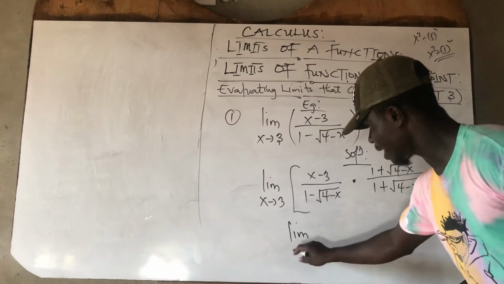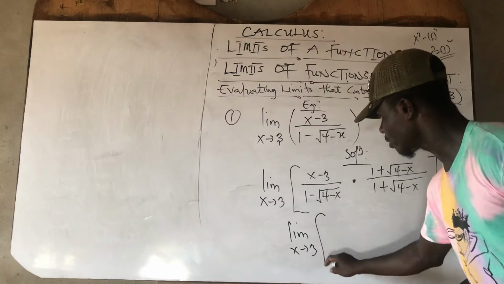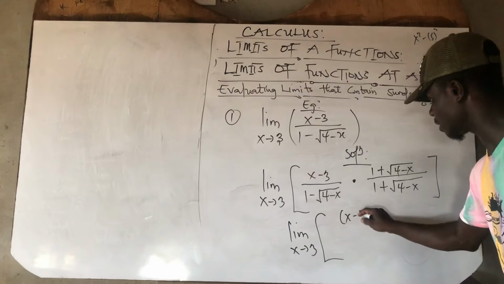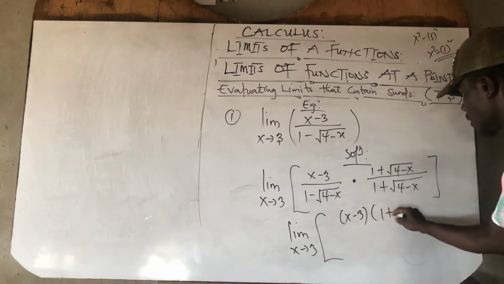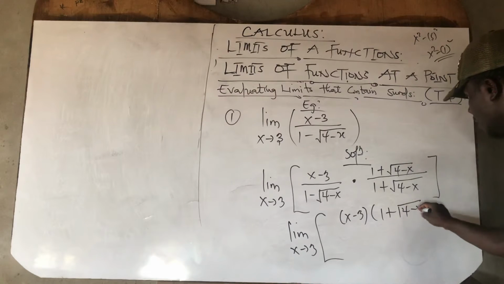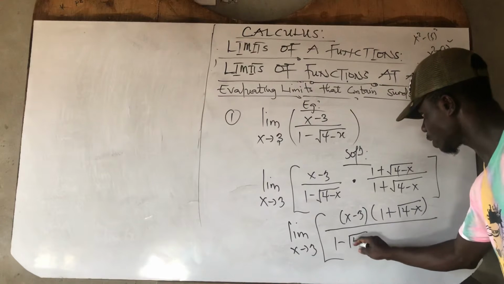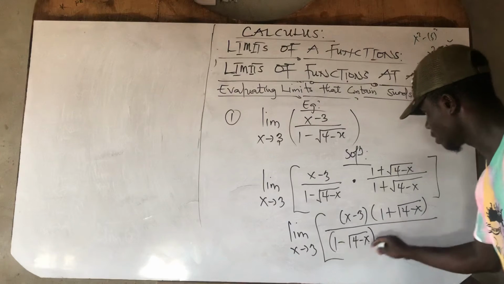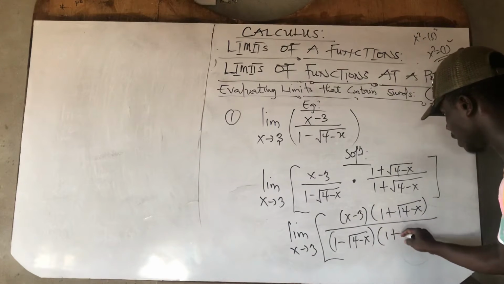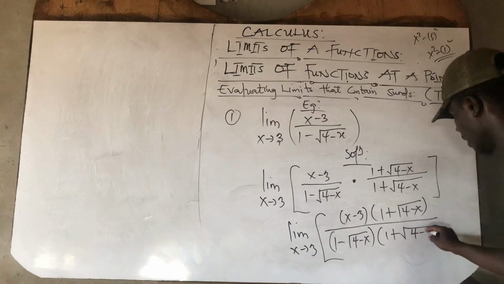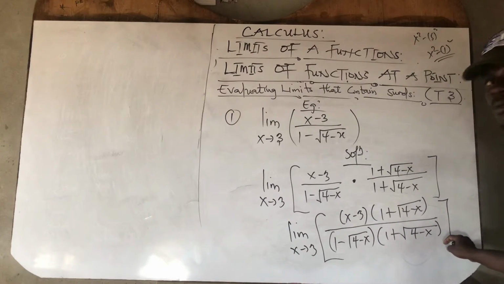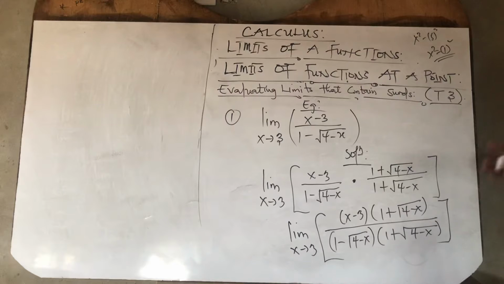The limit as x approaches 3 of x minus 3 multiplying 1 plus square root of 4 minus x, all over 1 minus square root of 4 minus x multiplying 1 plus square root of 4 minus x. This is very simple.